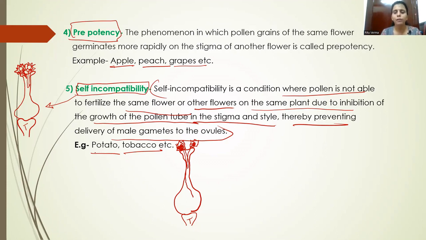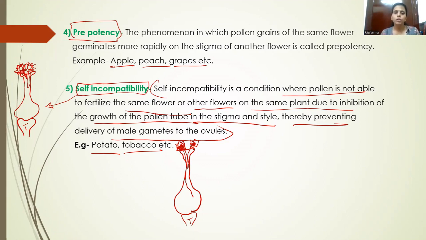But in case of self incompatibility, it does not ensure reproduction. This is because if the stigma never receives pollen grain from any other flower of the same species, then the stigma will never allow germination of the pollen grain of the same flower.